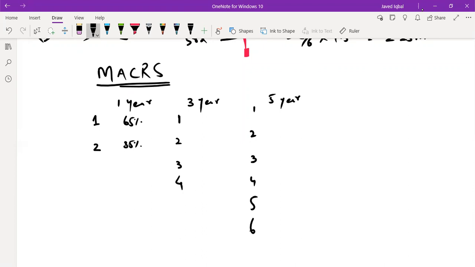Okay, MACRS depreciation. I want to write the exact values. You do have these in your book. Okay, we have number of assets classified as, for example, 3-year property.